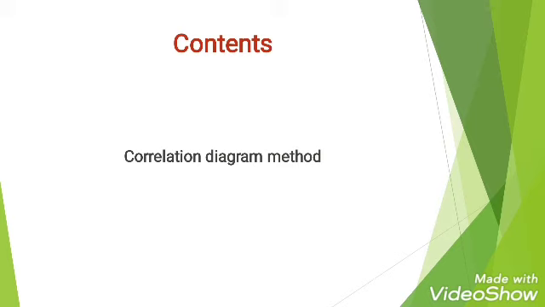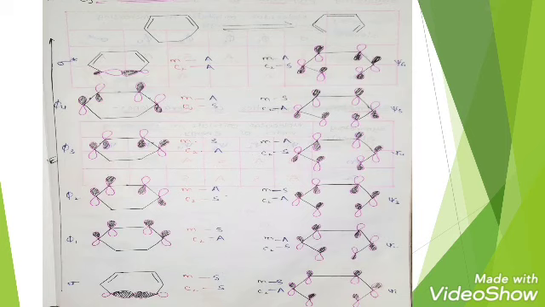This is the first step to apply the correlation diagram method for any system. So, to apply the correlation diagram method to cyclohexadiene and hexatriene interconversion, we must write the molecular orbital diagram for this system.